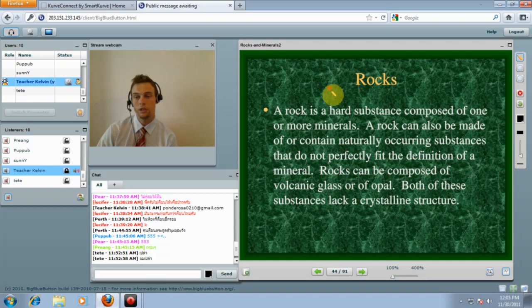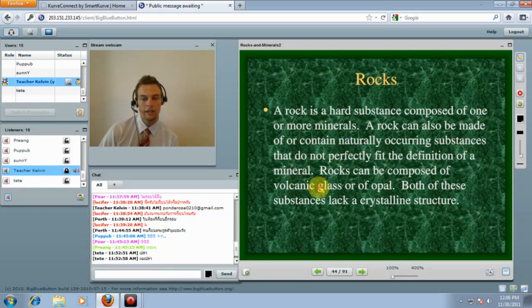That's the difference. They can just be combinations of different things that don't form this characteristic pattern. Silica is a big component of a lot of rocks, just kind of hanging out in there. So yeah, this is a pretty good definition. Hard substance composed of one or more minerals. Can also be obtained by naturally occurring substances.